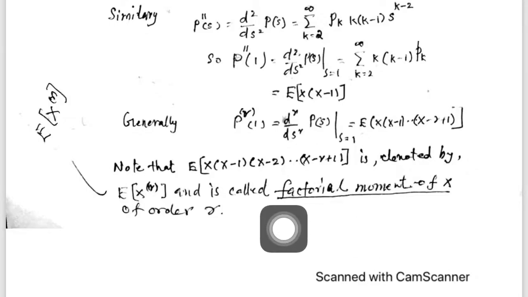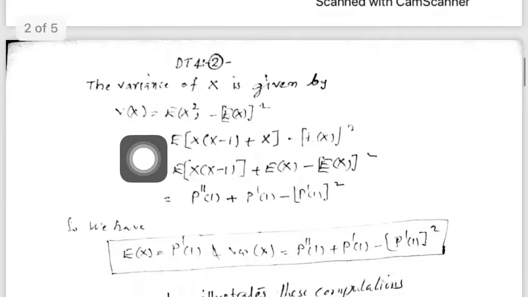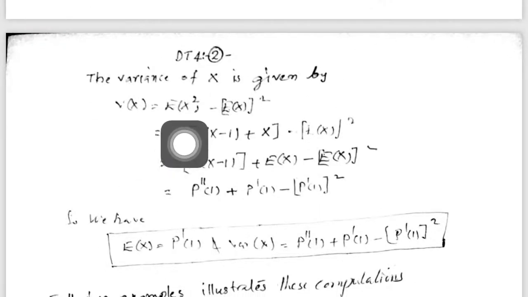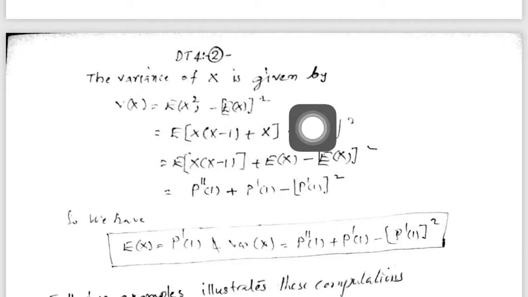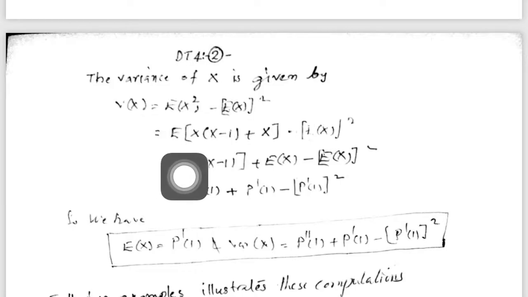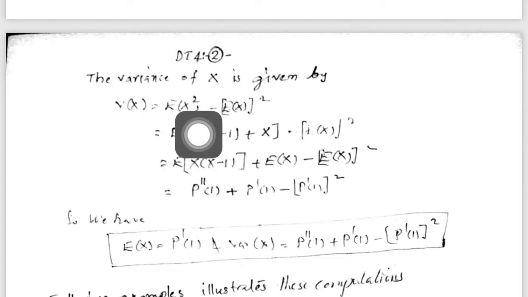Now you will see how variance can be obtained. You know the definition of variance. Variance of x is expectation of x square minus expectation of x the whole square. It is a very common definition of variance, and x square can be written as x into x minus 1 plus x.